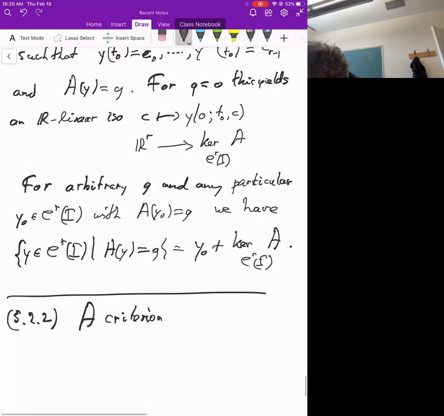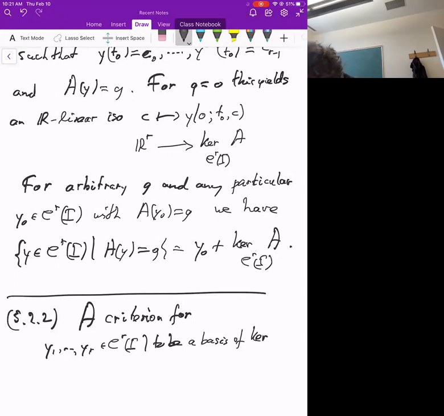So it's a criterion for y1 to yR in C^R(I) to be a basis of this kernel.